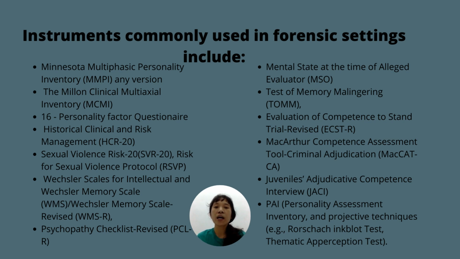adult offenders. Most instruments also use the MMPI, the Structured Assessment of Violence Risk in Youth for adult clinicians, and the most commonly used tests include the Hare Psychopathy Checklist, the Historical, Clinical, and Risk Management, or HCR-20, Sexual Violence Risk-20, or SVR-20, and the Risk for Sexual Violence Protocol, or RSVP.